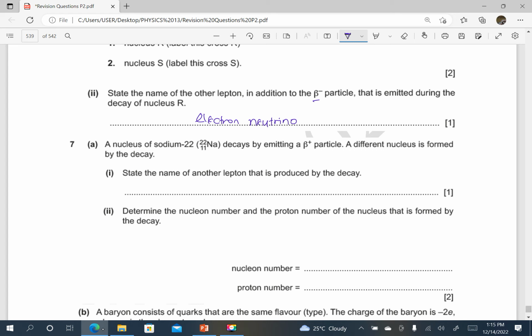A nucleus, sodium 22 11, decays by emitting beta plus. A different nucleus is formed by the decay. State the name of the other lepton that is produced by the decay. So it is beta plus. Beta plus is accompanied by an... sorry, beta minus is an electron, sorry, this is electron antineutrino.